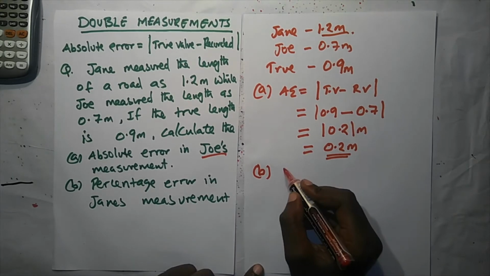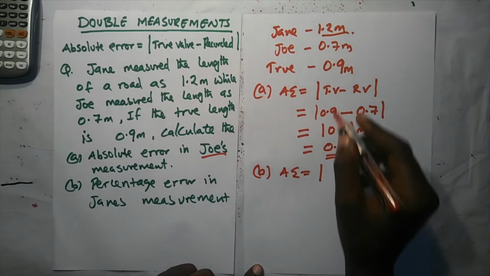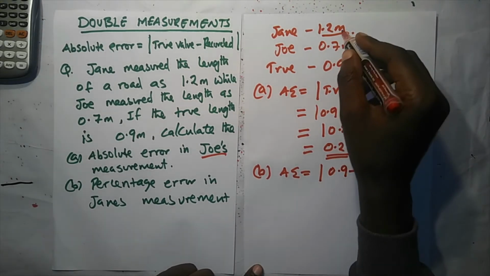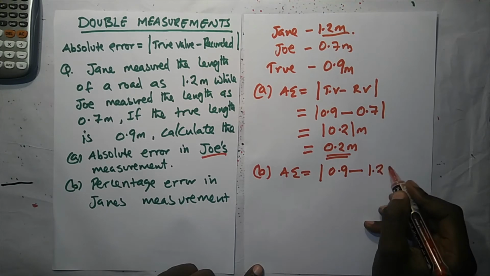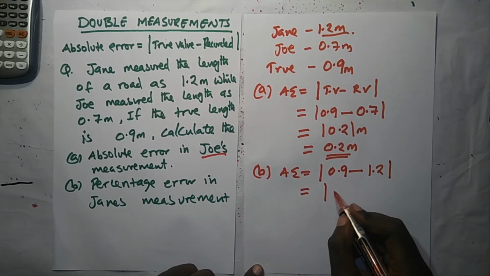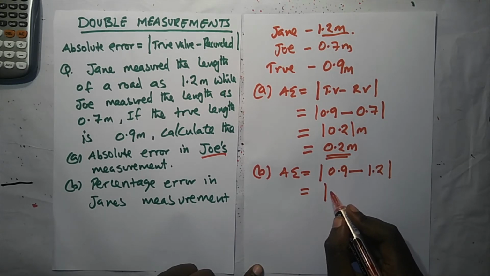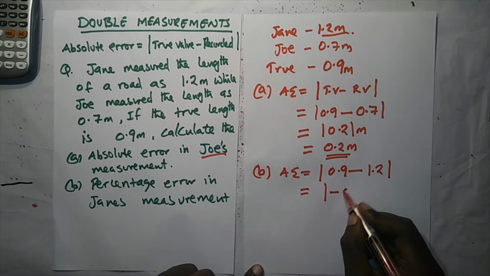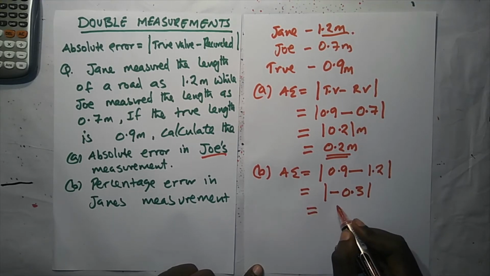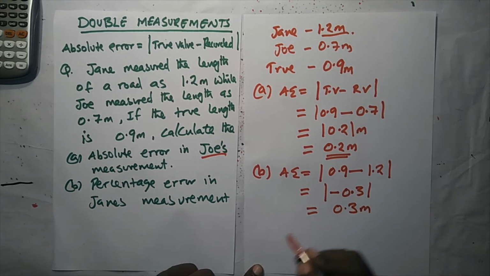The absolute error in Jane's measurement will be the true value, 0.9, minus Jane's measurement, 1.2. 0.9 minus 1.2 gives us negative 0.3, which gives us 0.3 meters as the absolute error.